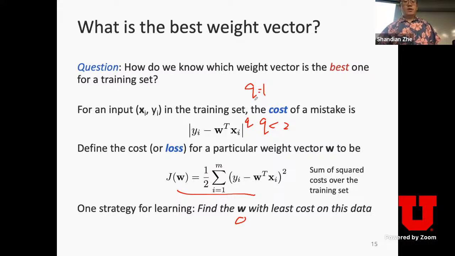But the most popular one, and perhaps also the simplest, is to take this squared difference as the cost and minimize their summation. The reason is simple: when you calculate the gradient, it has a very nice closed form. It's very easy for calculation. Okay, any questions so far?